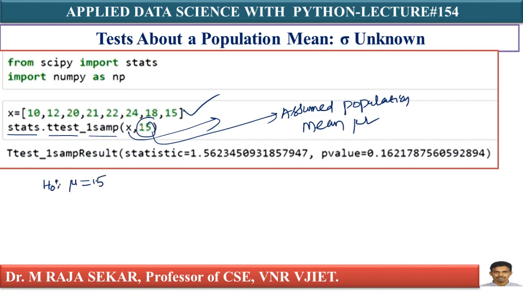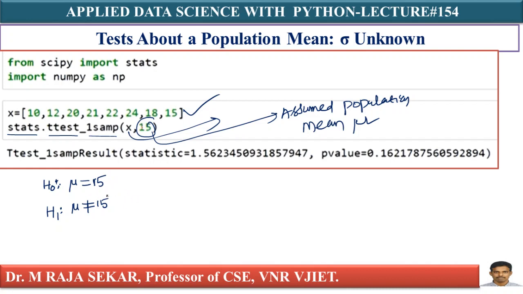This is my assumption. To explain a simple problem on t-test, let me assume like this. In that case, my alternative hypothesis is mu not equal to 15. As the alternative hypothesis has the not-equal-to symbol, I must take a two-tailed test, isn't it?